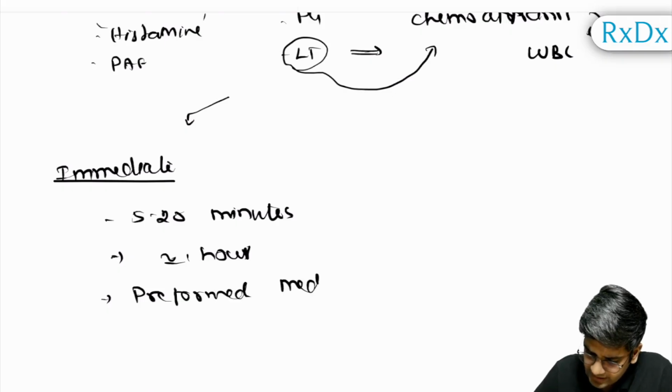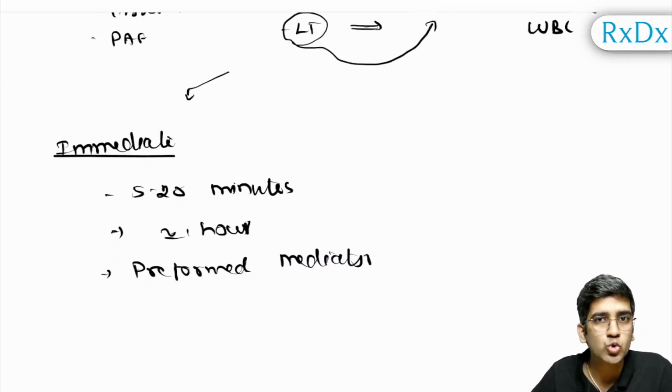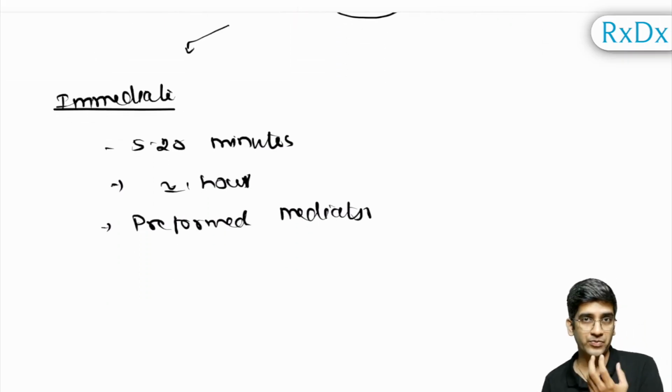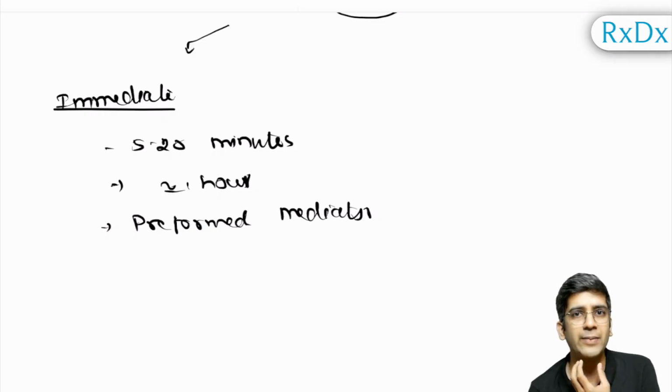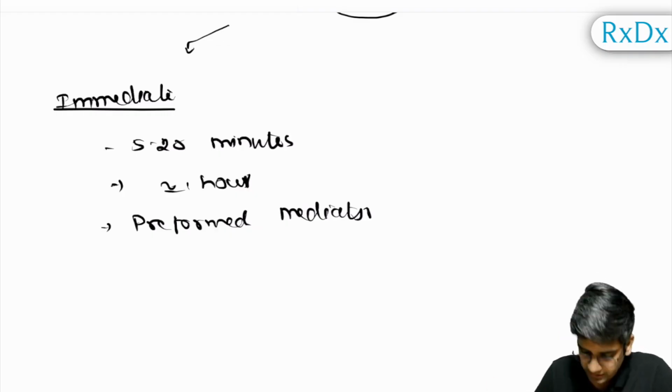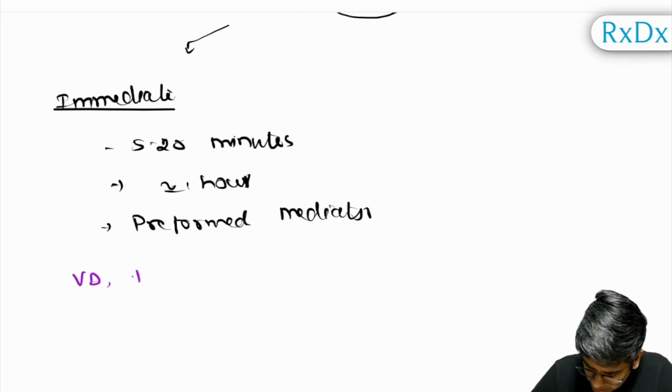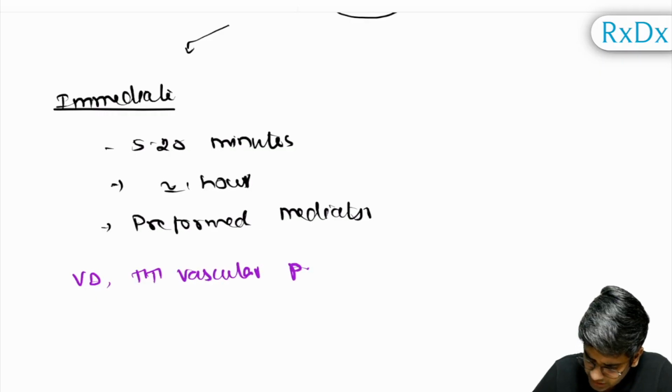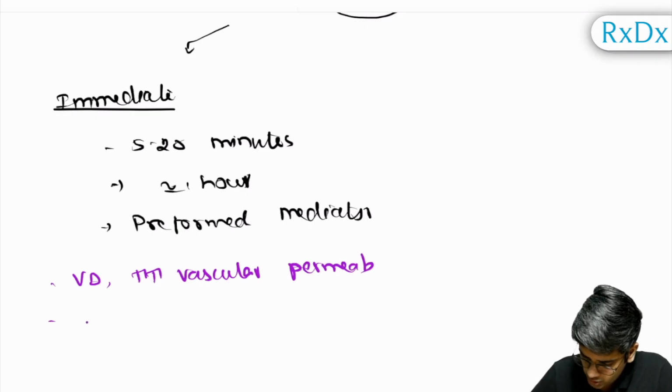All the preformed mediators, even a little bit of prostaglandins, do contribute to it. So if I'm taking your throat, I might have a bronchospasm, that smooth muscle contraction, and you'll have increased vascular permeability, might have phlegm, the sputum secretion and everything. So it will cause vasodilatation, increase in vascular permeability, that will cause increased secretion in the respiratory mucosa, and also a little bit of smooth muscle constriction, which is bronchospasm.